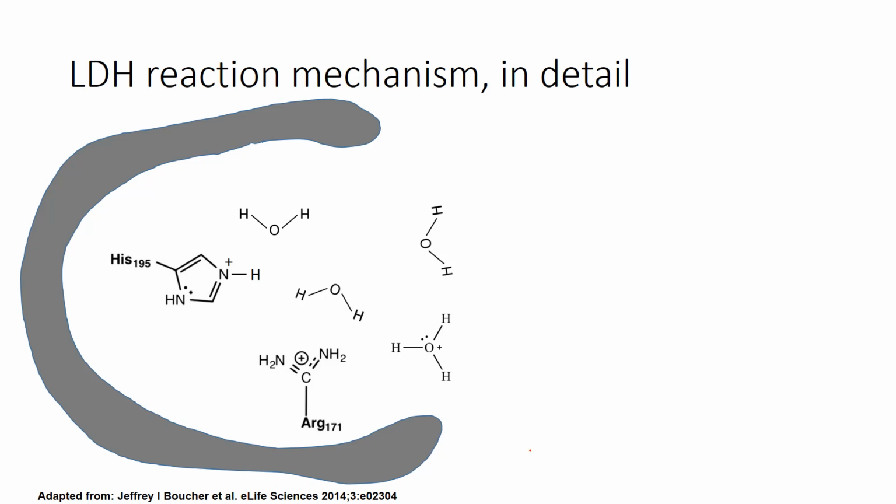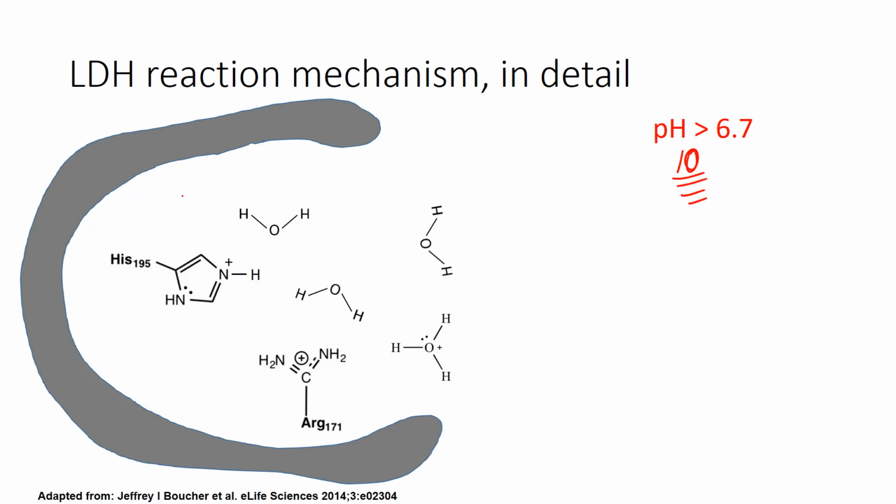So what happens is after the lactate to pyruvate reaction has occurred, LDH opens up and it's released lactate or pyruvate and NADH. Water comes into the active site. And so again, our pH is greater than 6.7. In fact, we have a pH of 10.